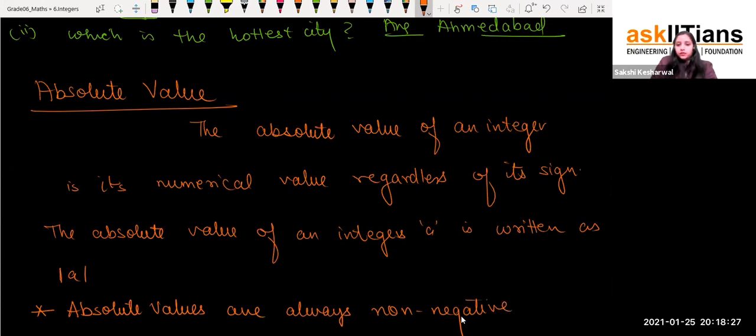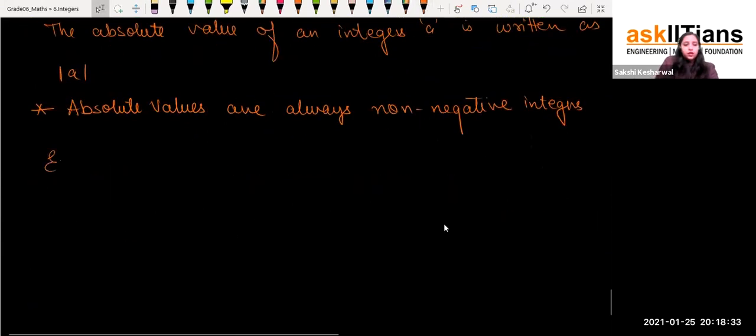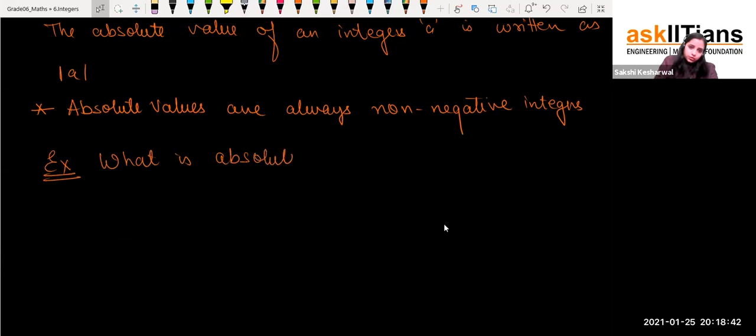It can be non-negative. For example, find the absolute value of -2, first question. Second question, 5. Third, -101.